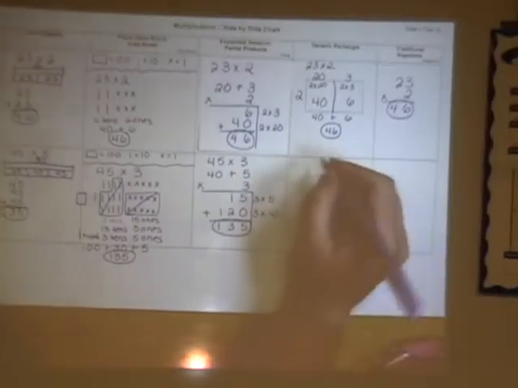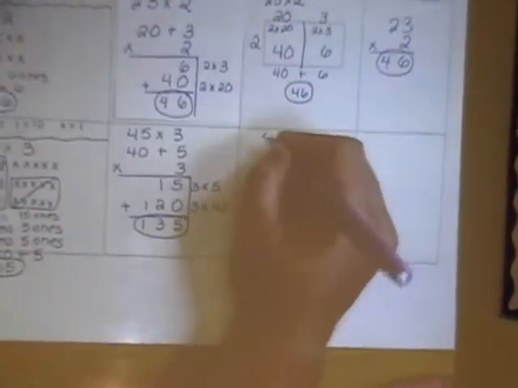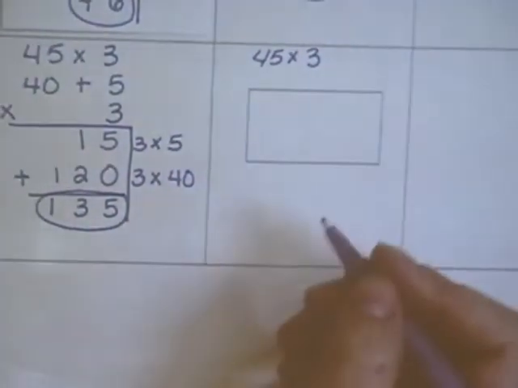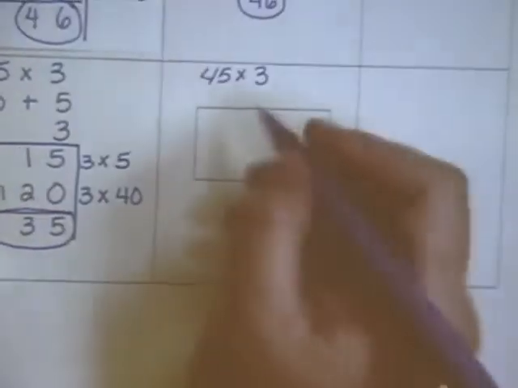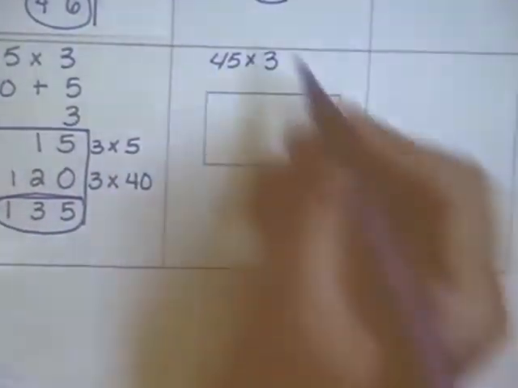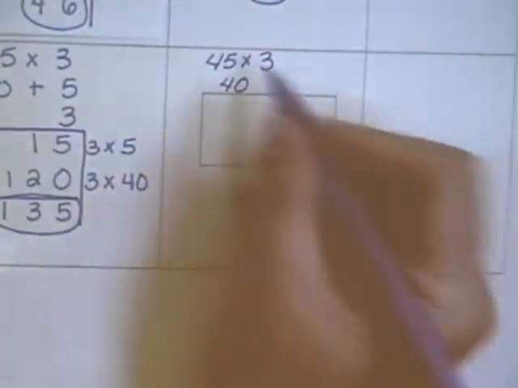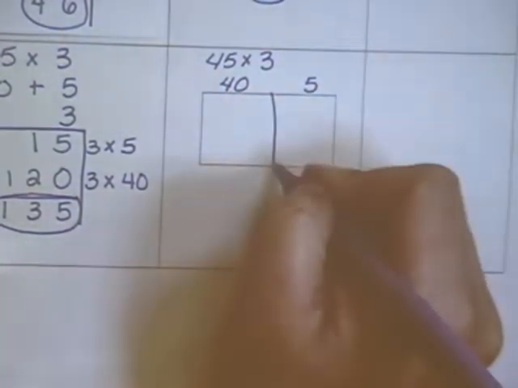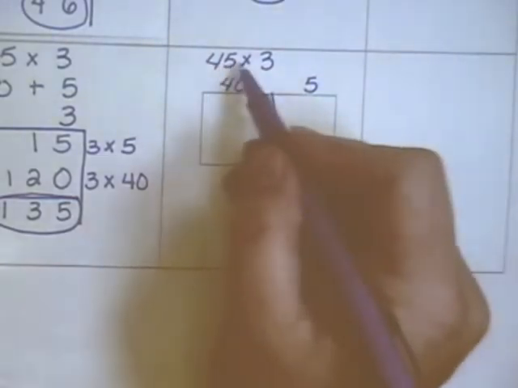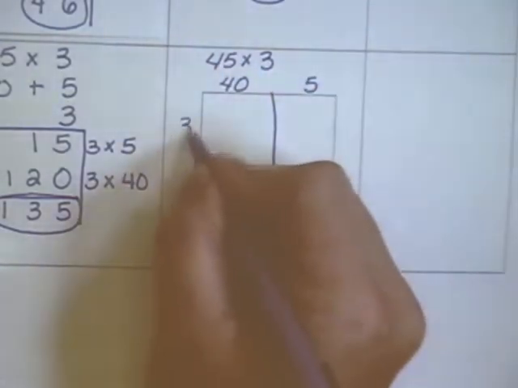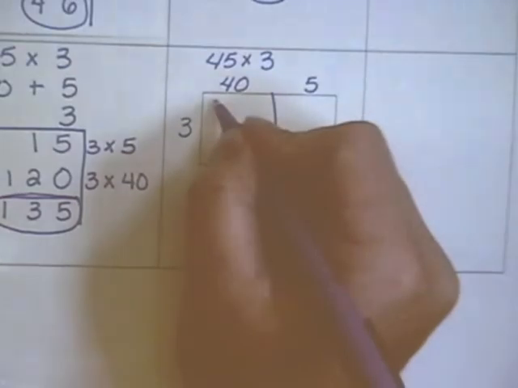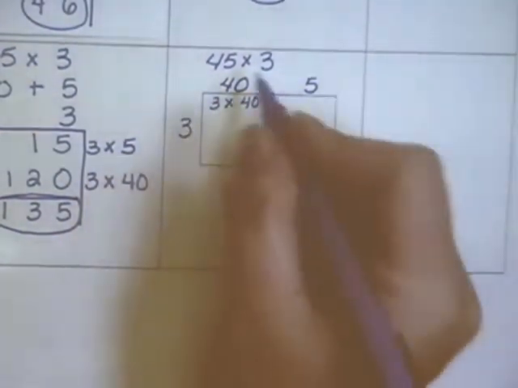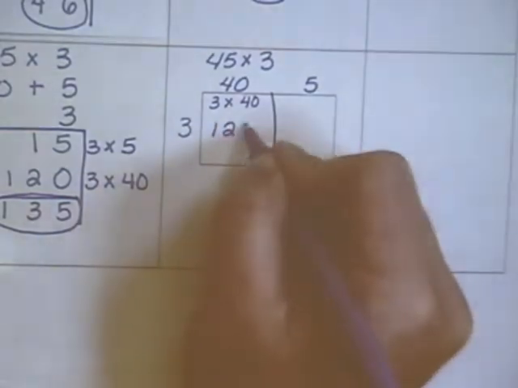Let's look at 45 times 3 with our generic rectangle. I'm going to write my problem at the top, and then think about this problem again in expanded notation. The 4 digit in the tens place represents 40. The 5 digit in the ones place represents 5. I need to take 45 and multiply it by 3. In my first box, I'm saying 3 times 40. 3 times 40 is 120.